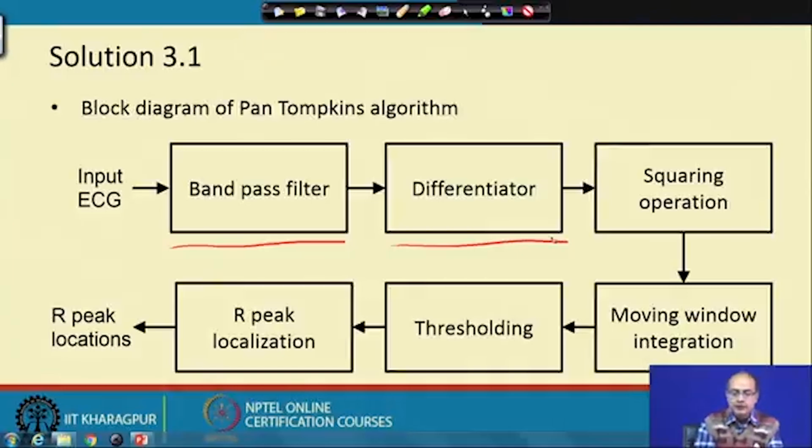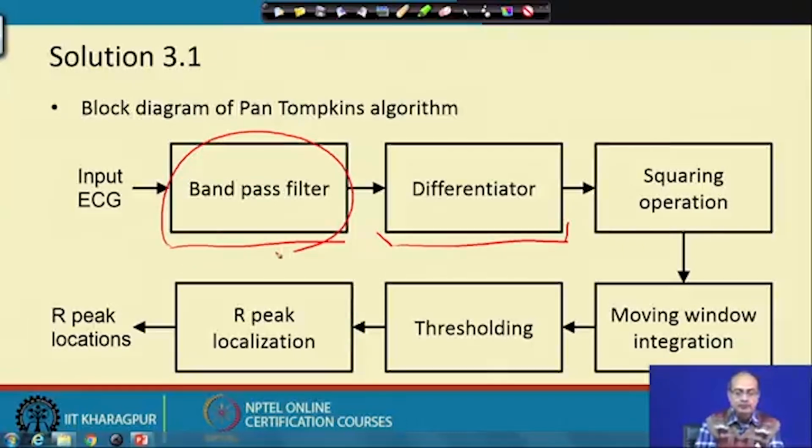The differentiator is to accentuate the QRS complex, which has the highest frequency in the ECG signal. So, we use the differentiator, which is a high pass filter, to accentuate that, and because the differentiator is susceptible to high frequency noise, we need to do some filtering before that. So, that is what we are doing here.